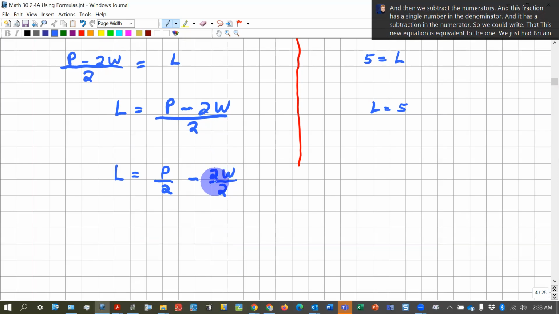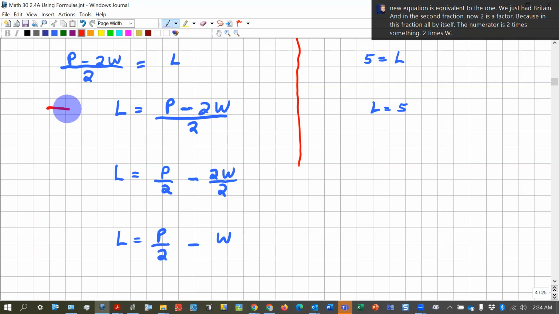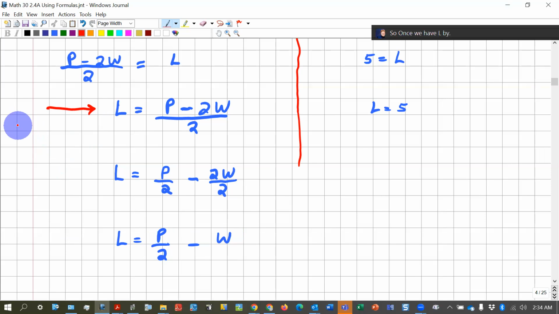And in the second fraction, now 2 is a factor, because in this fraction all by itself, the numerator is 2 times something, 2 times W. So once we have L by itself, we may stop here.